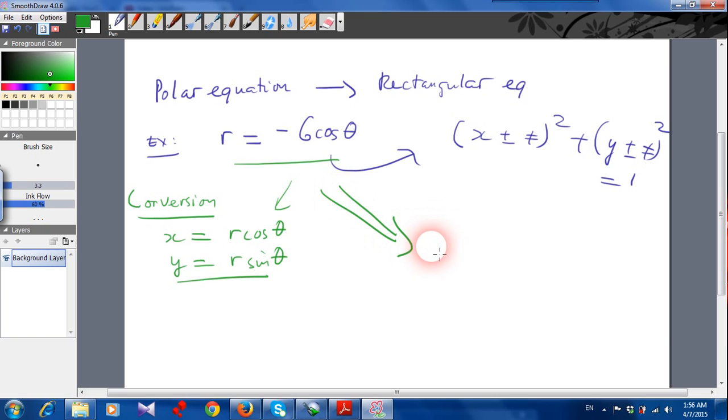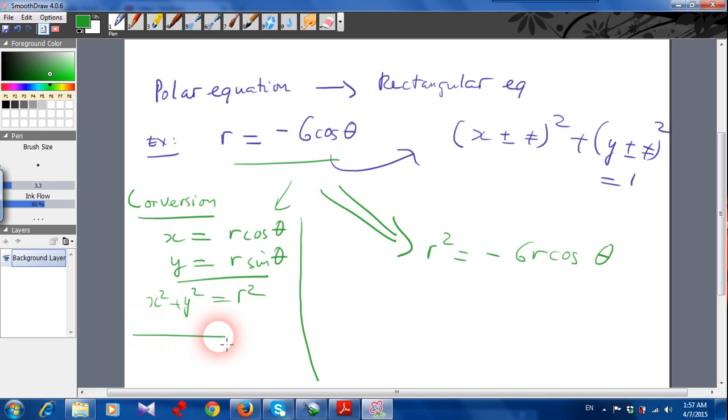We multiply on both sides by r. We have r² equals −6r cos θ. Excuse me, I talk about this conversion equation a little bit: x² + y² is r². That's a formula we need to remember.